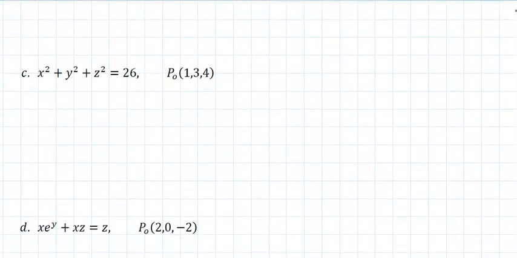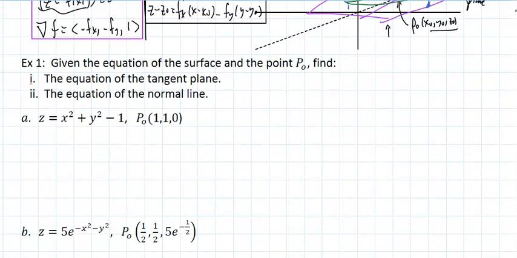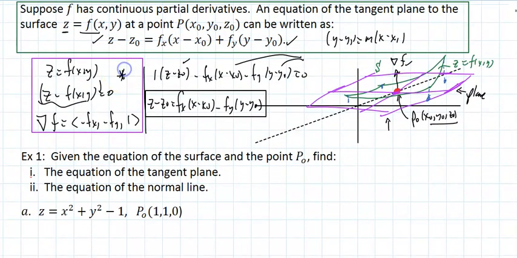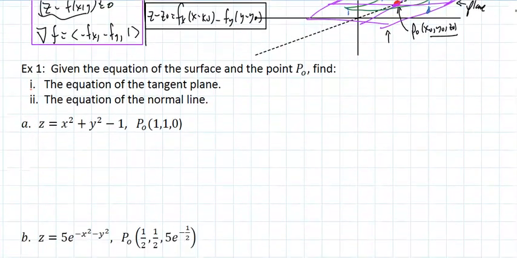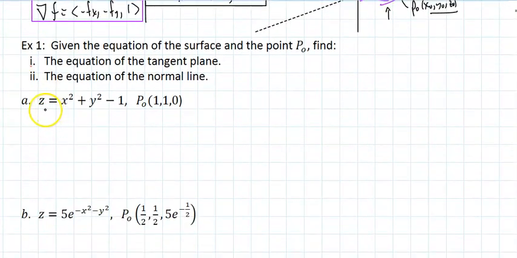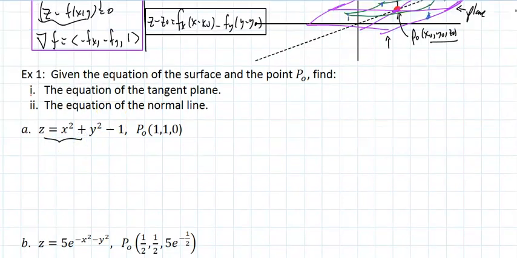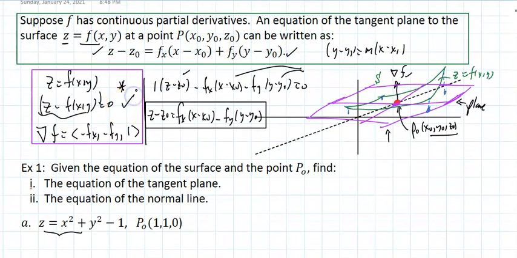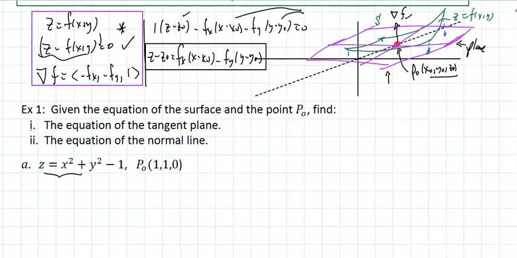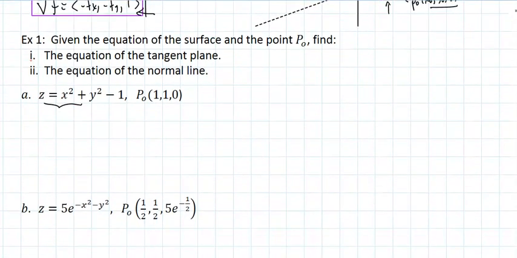But I added 2 examples in which you do not have z equal. You could solve for z, but what for? We know how to do that because we did that in the previous section. And if you want to do the same here, if you want to get everything on one side, 0 on the other side, and stick with this all throughout, that's fine as well. In chapter 16, we're going to be using this all over the place.